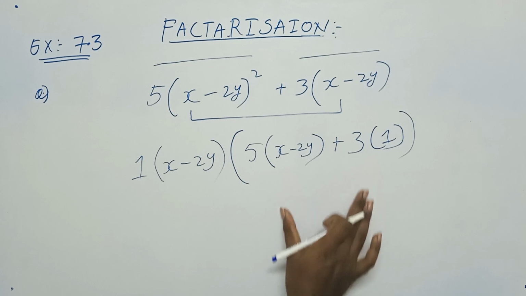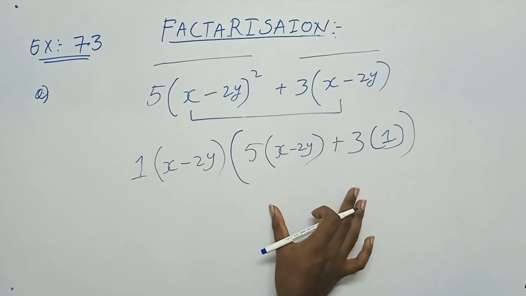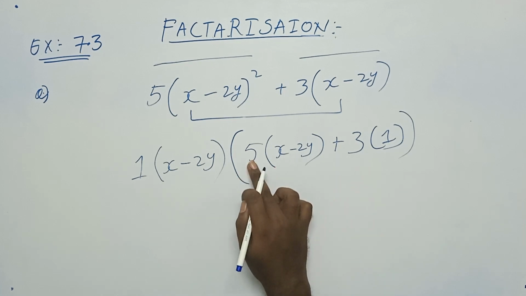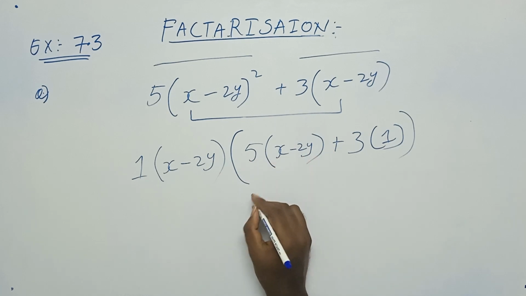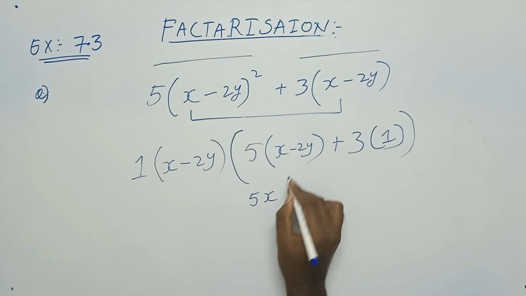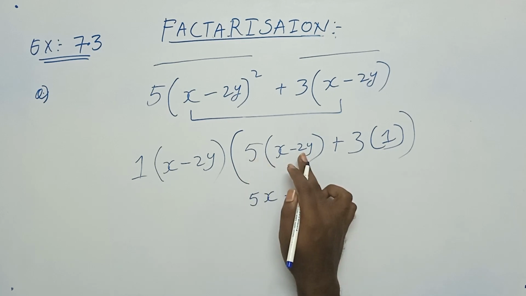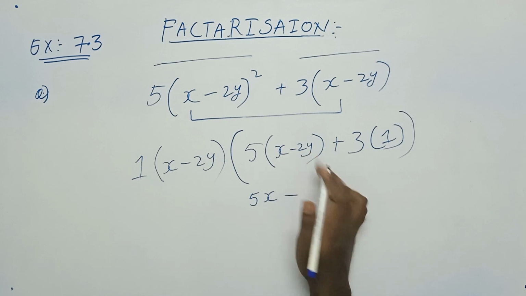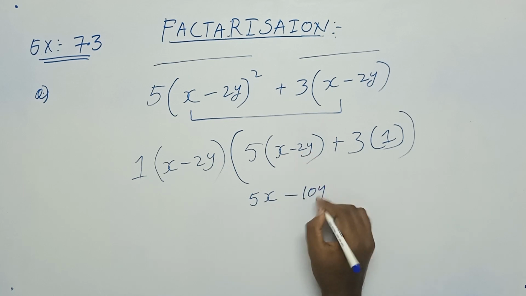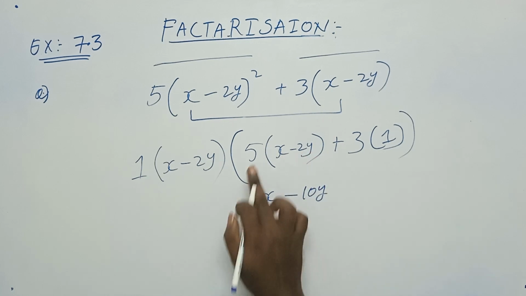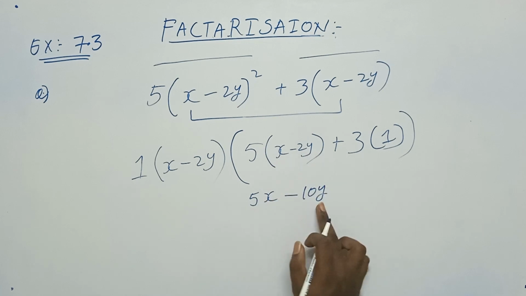Now we are going to solve the values within the bracket, which is 5 into (x − 2y). 5 is getting multiplied with (x − 2y). Now we are just going to multiply. So 5 into x is 5x, minus 5 into 2y, 5 twos are 10, and y, so minus 10y.